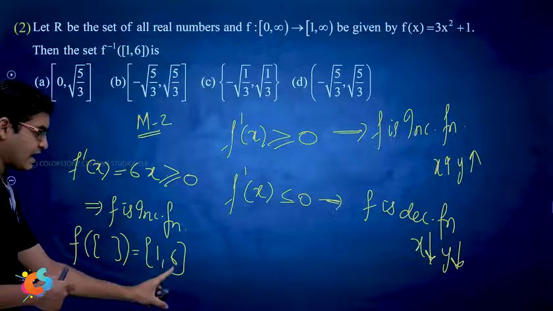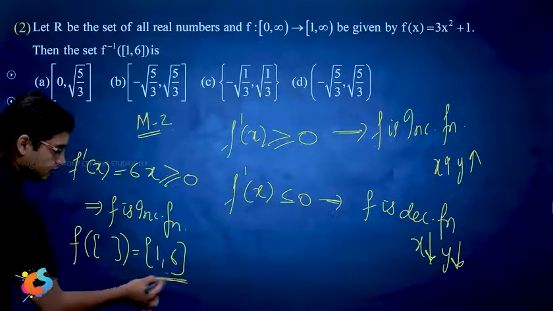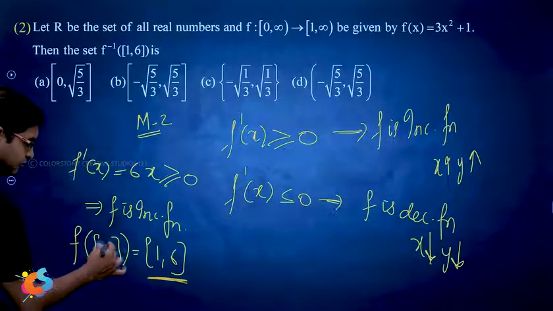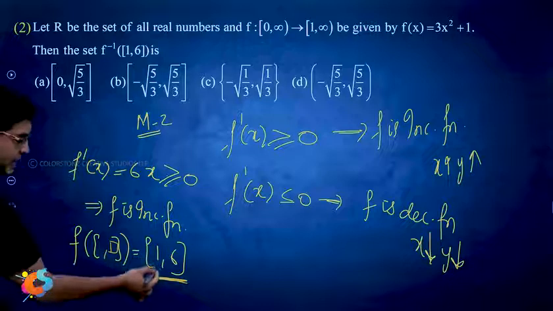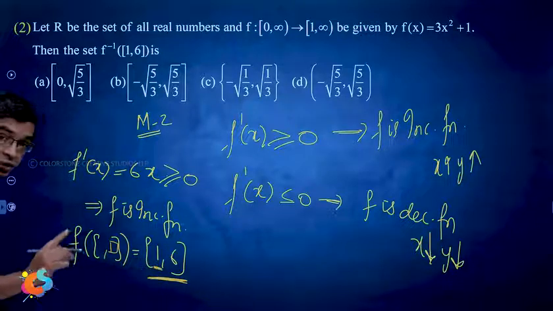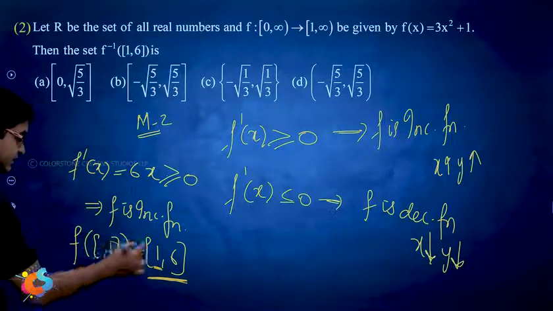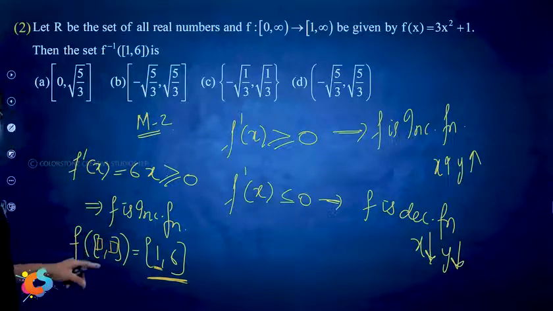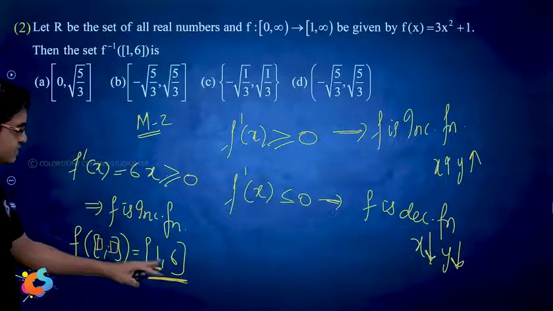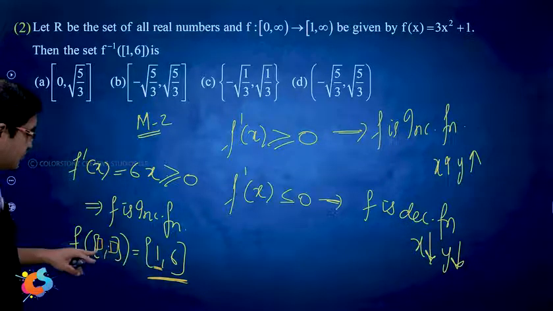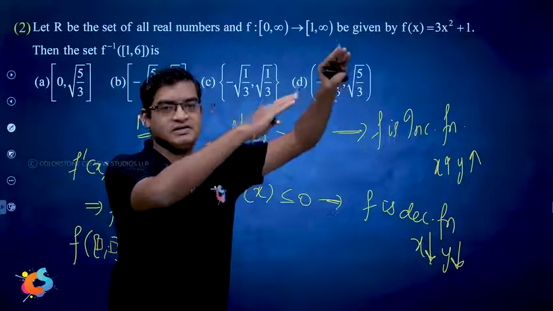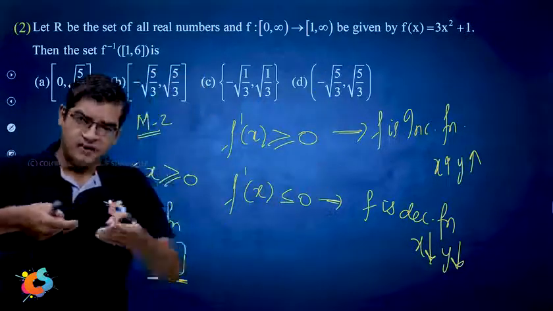So if the highest output value for you is 6, that will come when you put this x value. And if the lowest value of output is 1, then that will come because of this x value, because f is an increasing function. For highest values of x, highest values of y. For lowest values of x, lowest values of y. That is what this is saying. As x increases, y increases. So if you decrease x, y also will decrease.